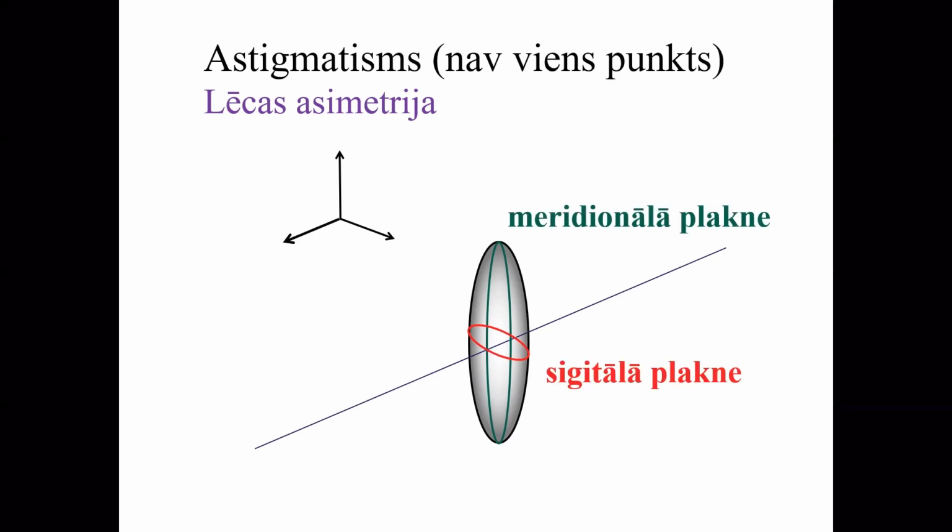And so we have the meridian and the sagittal plane. So this means that we can assume that the lens consists of two lenses. One is this one, and the second one is here.